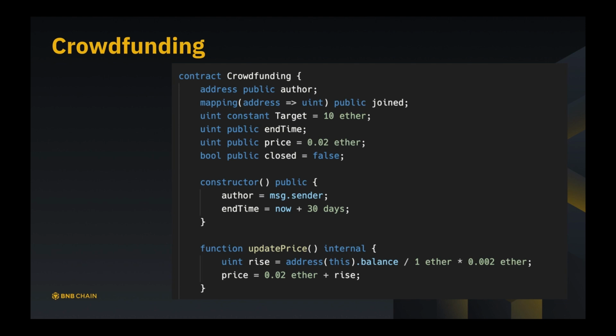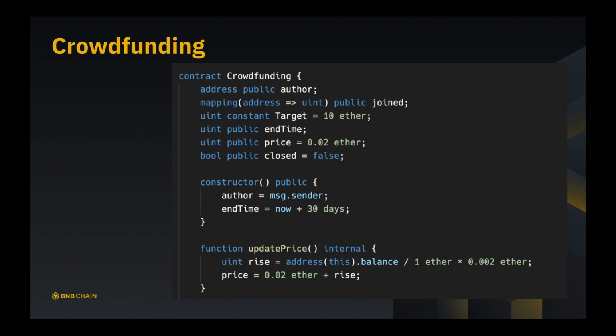Alternatively, we can pass in the target we want when creating this contract. This is analogous to the time. Right now the time is set to a fixed number, which is 30 days. Alternatively, we can make the constructor take two parameters: one is the target, one is the time, corresponding to the objective we want to raise and the time for this crowdfunding respectively.